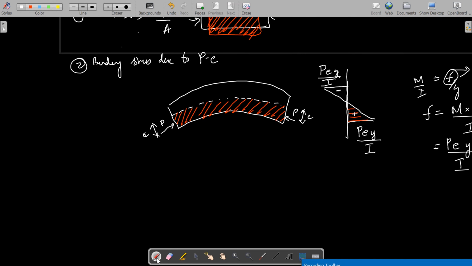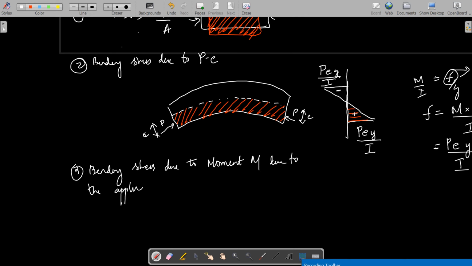So I can write here the third one. It is the bending stress due to moment M due to the applied load.